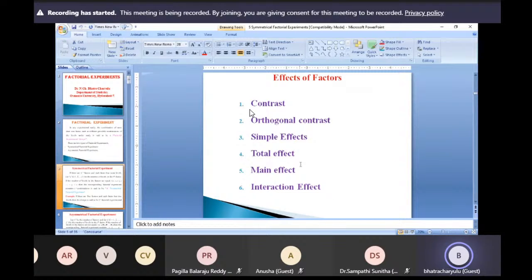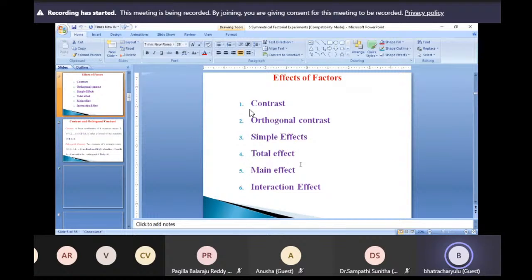Also, I'm going to use various concepts or terminology in factorial experiments. The terminology that you will be using is contrast, orthogonal contrast, simple effects, total effect, main effect, and interaction effect.